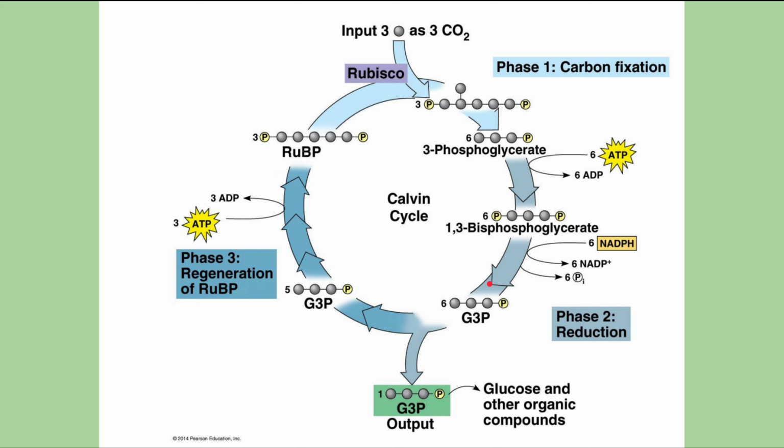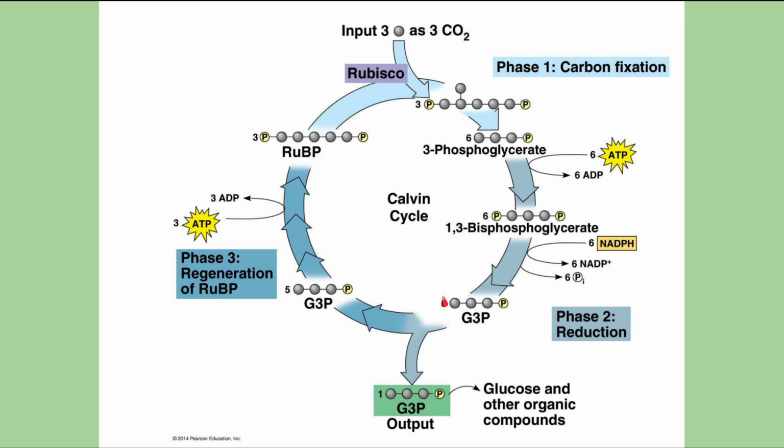But we need to add more energy to make sure that this can be converted into G3P. So instead of using ATP, we use NADPH. Now the NADPH brings energy into this molecule, and since it already has energy from the NADPH, it doesn't need the phosphate anymore. So it gets rid of the phosphate, and it can be reused later in other processes.